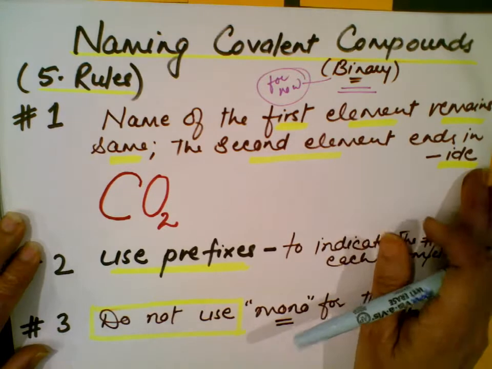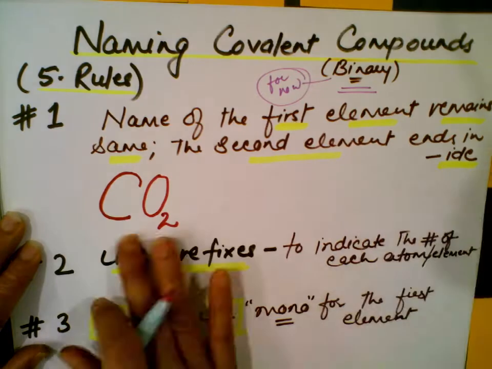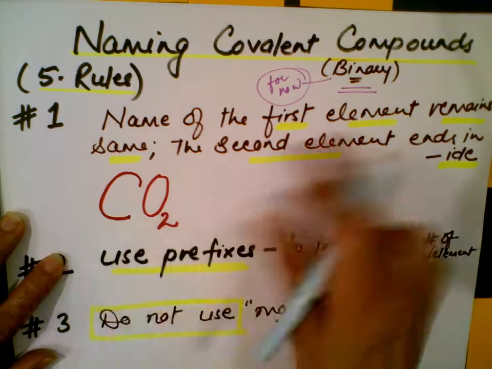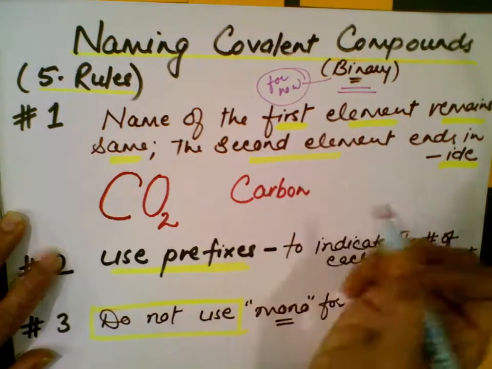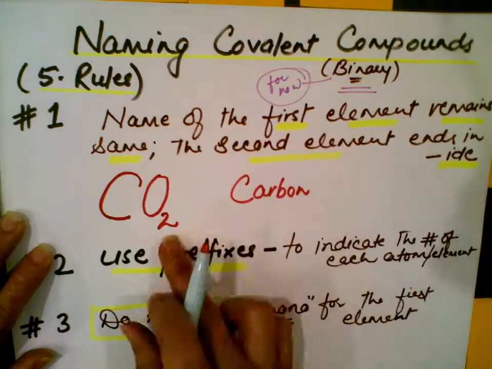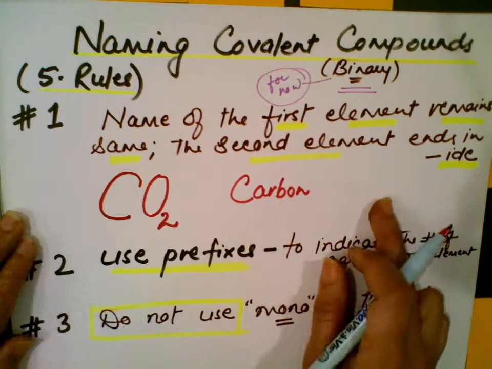There are no ions at all in covalent compounds. So you have carbon. When you name this, the name of the first element remains the same, so you write down carbon. And the second element ends in IDE, this is oxygen, so we'll end in IDE, oxide.